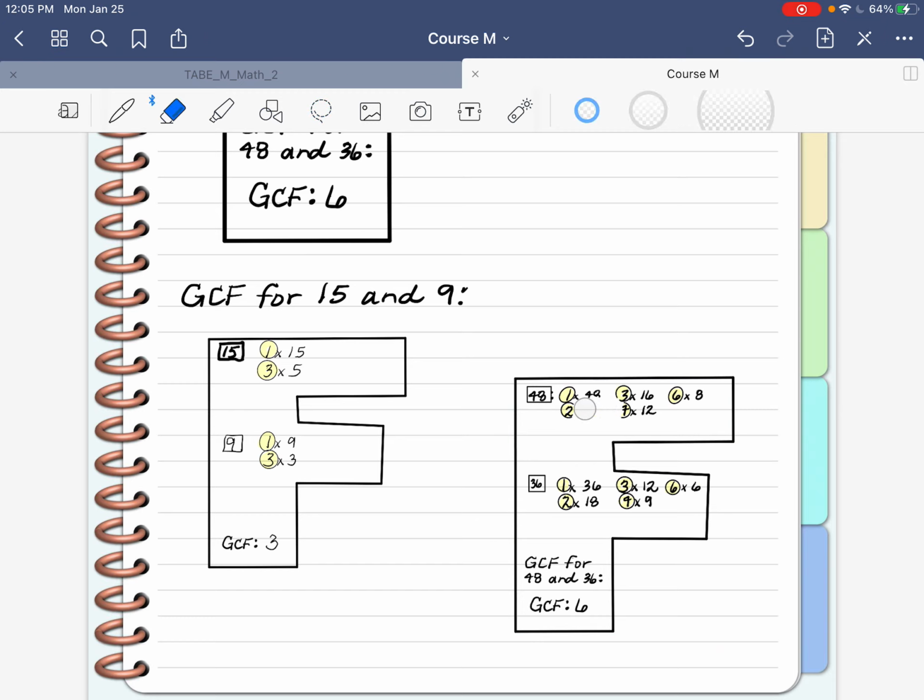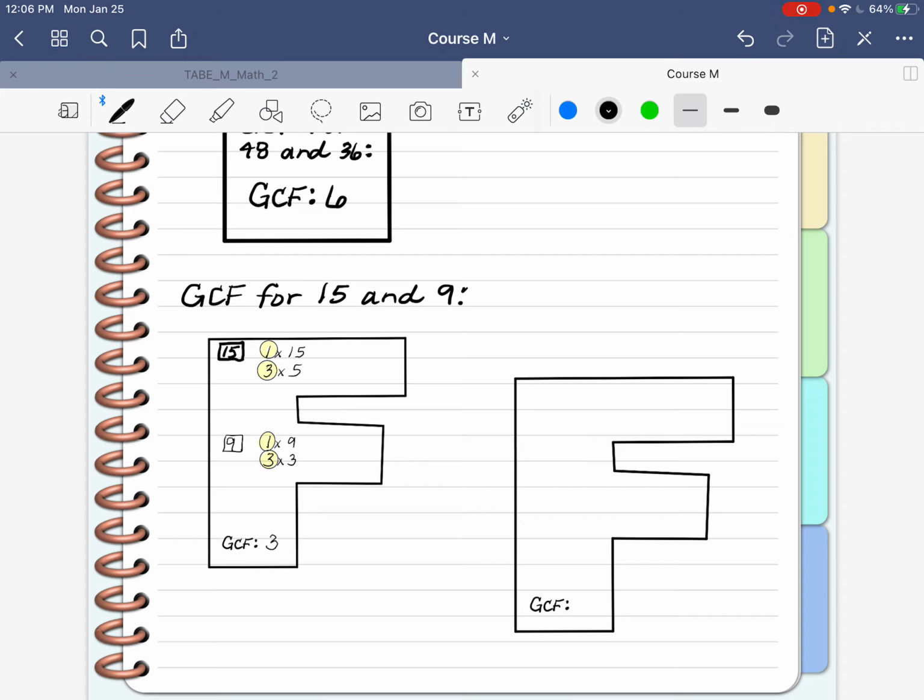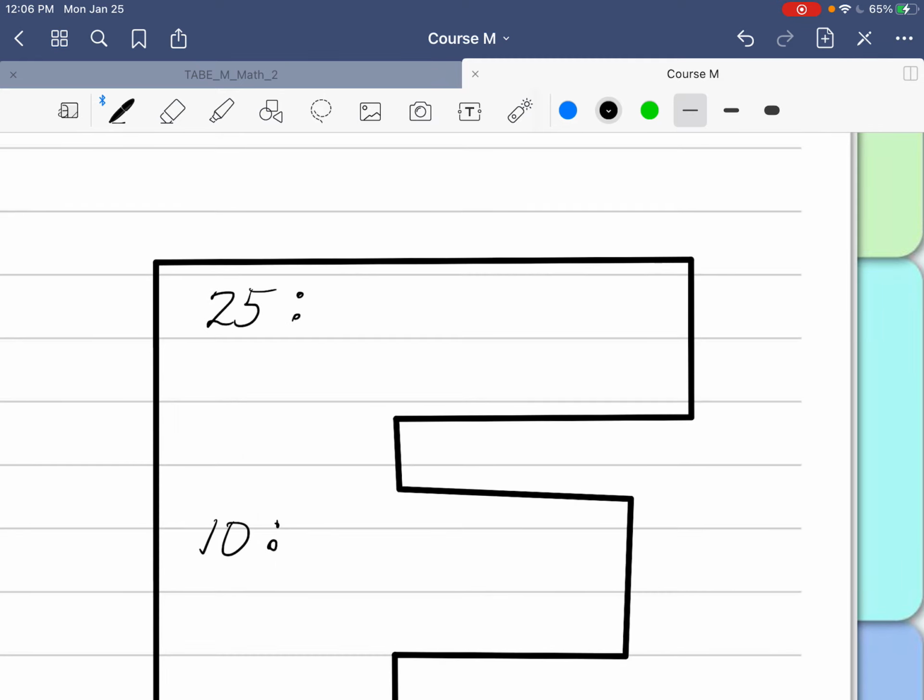This time I'm going to do, let me think of a good one. Let's do the greatest common factor of 25 and 10. So I'm going to do a 25 here. Doesn't matter, you can do either one. And we'll put the 10 down here and find that greatest common factor. So 1 times 25 and 5 times 5.